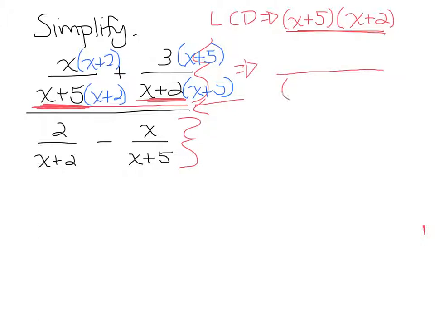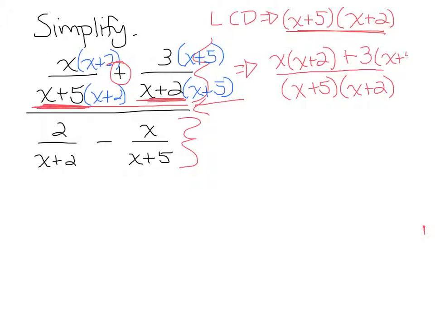In my denominator, I have that common denominator. And in my numerator, I have x times x plus 2 plus 3 times x plus 5. Okay, we're going to work piece by piece.